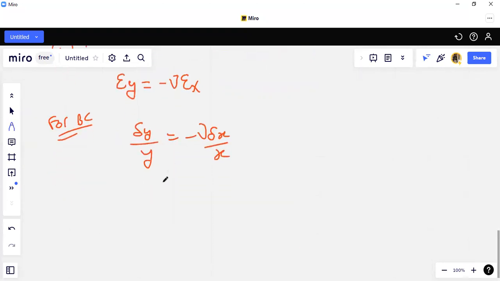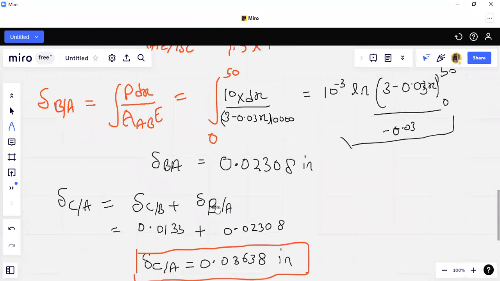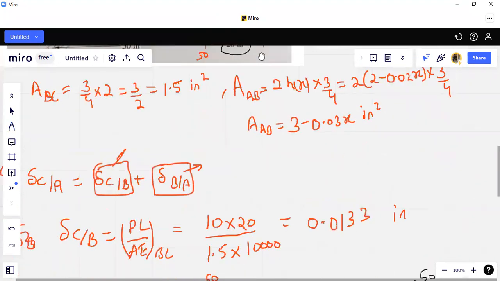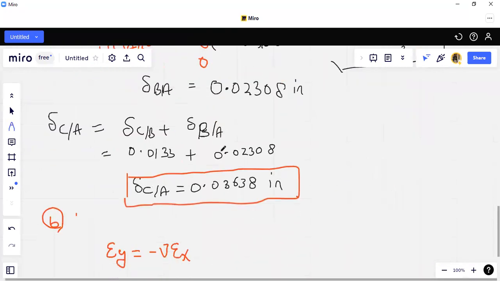Okay. So for delta y we have to calculate this. What we have to calculate is delta y, the change in y direction. So we can write delta y divided by y. What is the y here? Y is 2 and this x is 20, and delta x is the change in CB, that is this 0.0133.